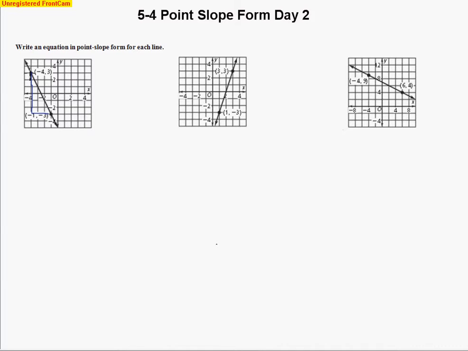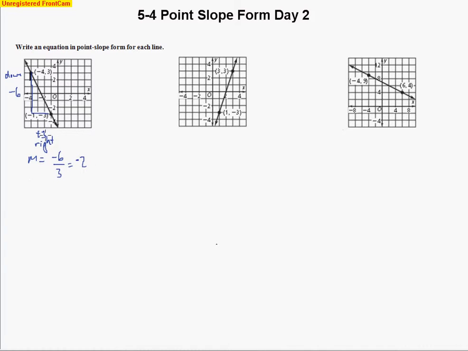So I count the spaces, 1, 2, 3, 4, 5, 6 spaces down. So down 6. Down 6 means negative 6. And then I have to go 1, 2, 3 spaces right. Positive 3 means that I went right 3 spaces. So my slope of this line is negative 6 to 3.